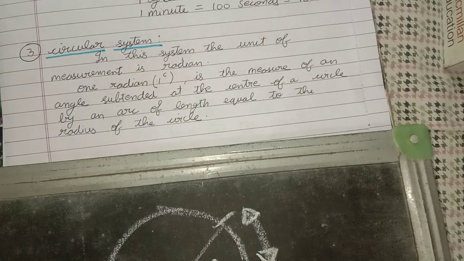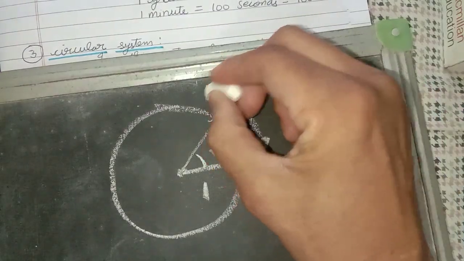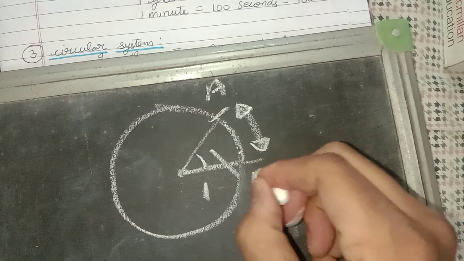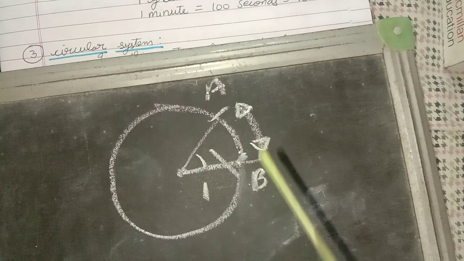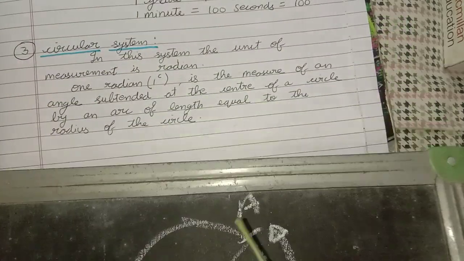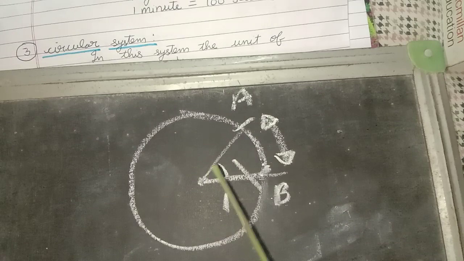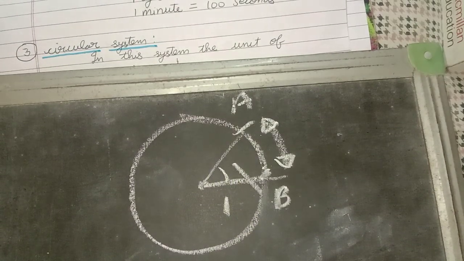The length of this arc from this point to this, I'll name this point A and this point B. So AB, the length, is again equal to the radius. If such happens, then this particular angle will be 1 radian. Hope you are getting the things.